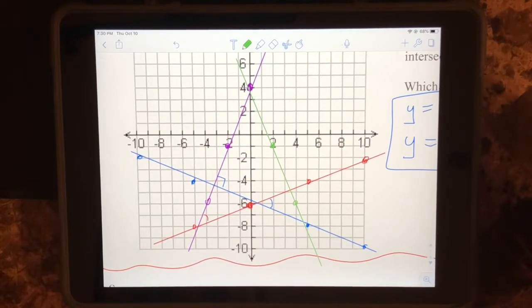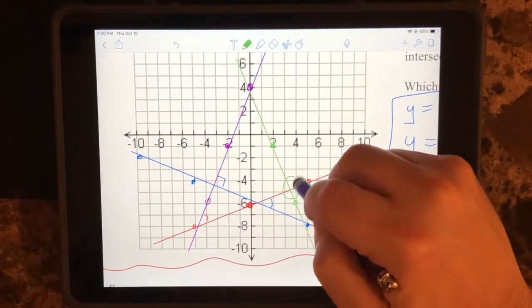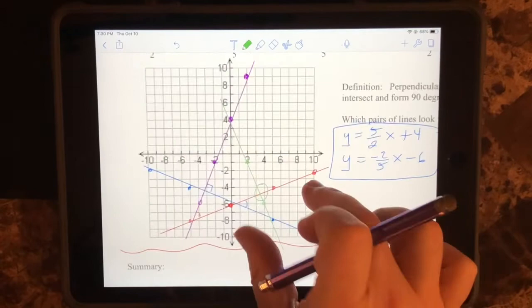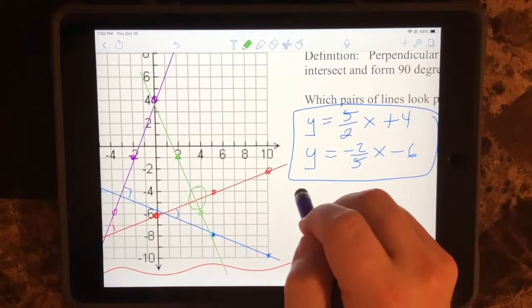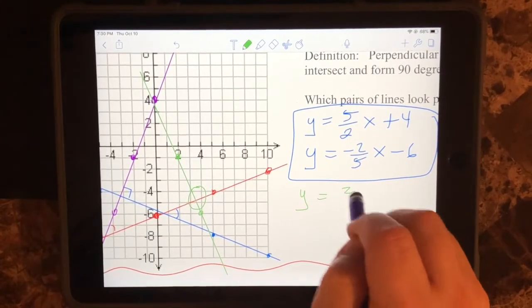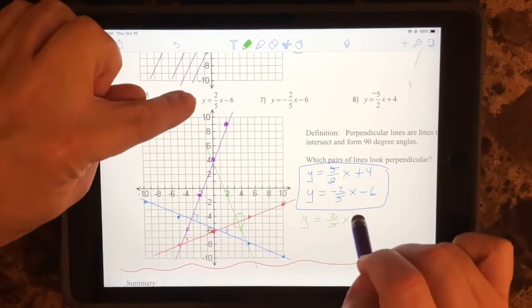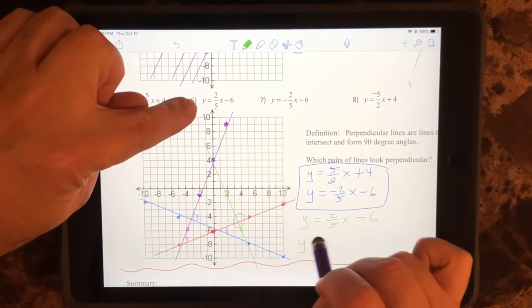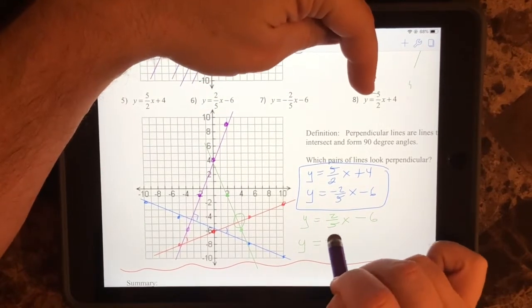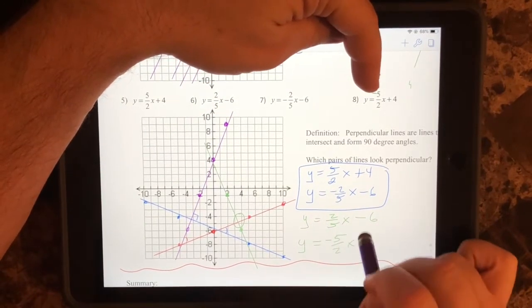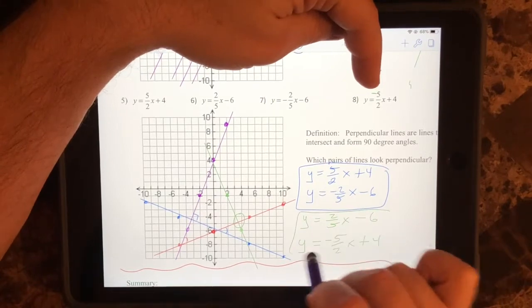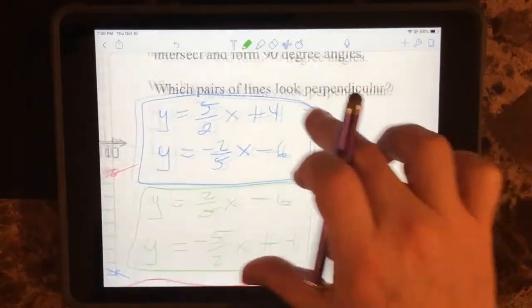So did we find another pair of perpendicular lines? Yeah, right there. So that means y equals 2/5 x minus 6, and y equals -5/2 x plus 4, make a perpendicular pair.